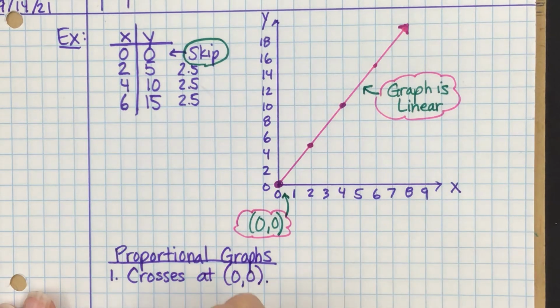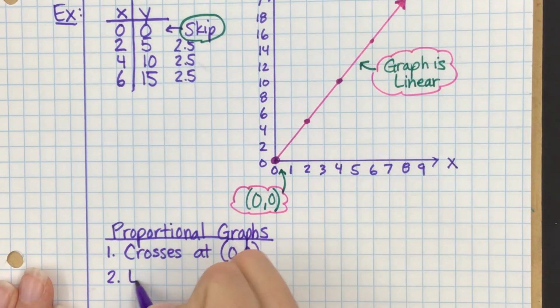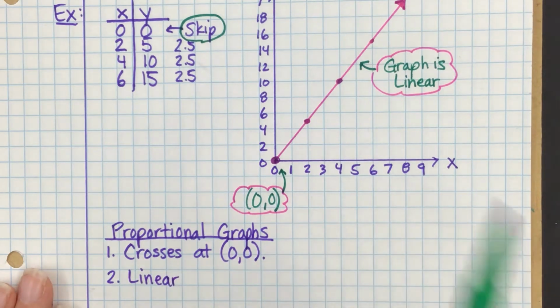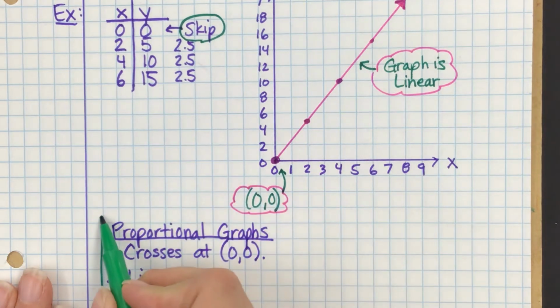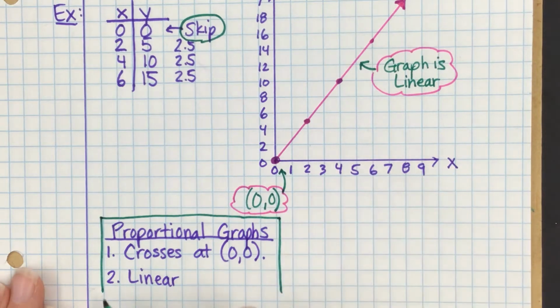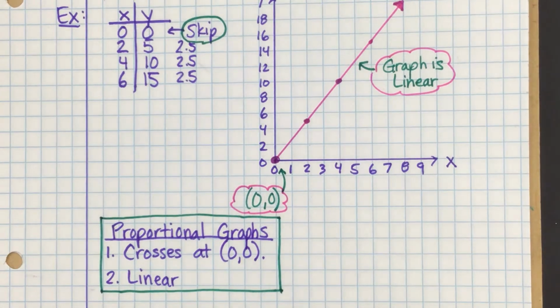And the second characteristic is it's linear. If it meets both of those criteria, we can say that the graph is proportional. The graph shows a proportional relationship.